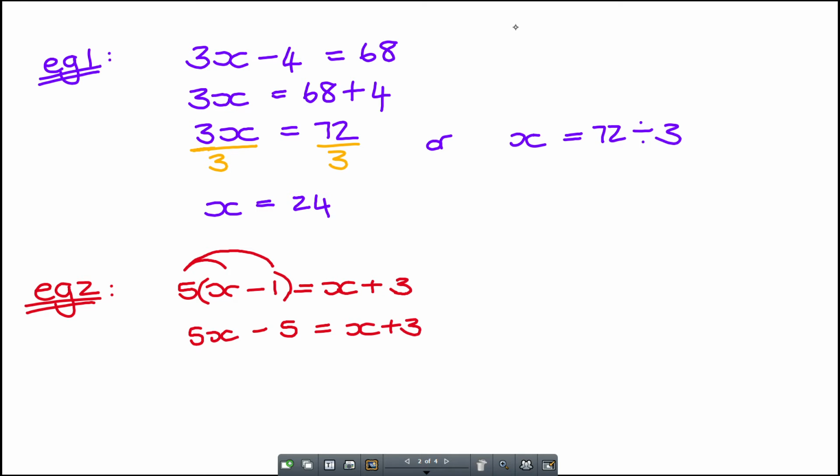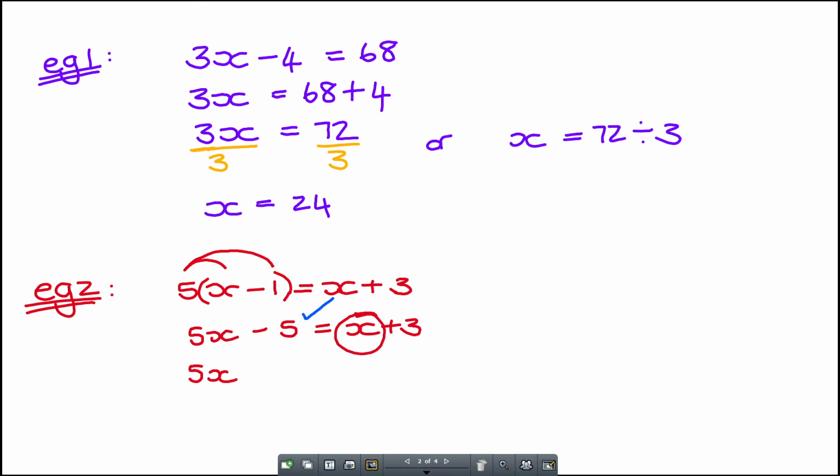Now, people, your first mark is going to be for that 5x minus 5 because you got rid of the bracket. Now we want to go to step 2, which says unknowns to the left, normal numbers to the right. The unknowns is the 5x and the x. So the only thing that's got to move is that one, no? 5x was already on the left-hand side, so it stays 5x.